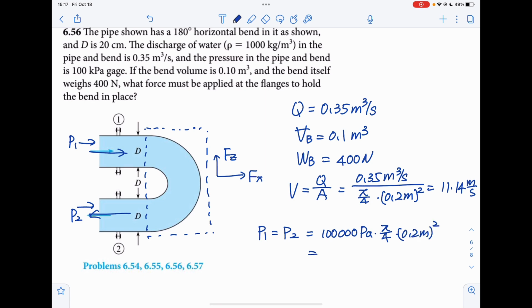This will be 3.19 kilonewtons. So those are the two forces here.